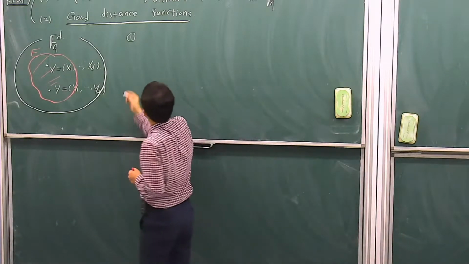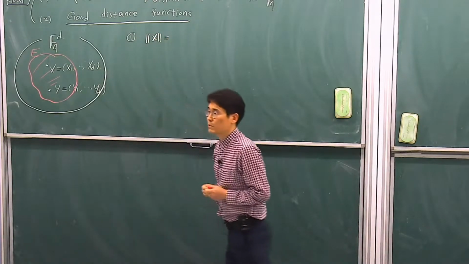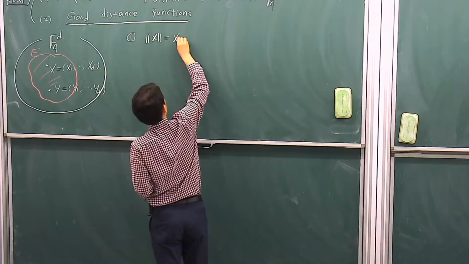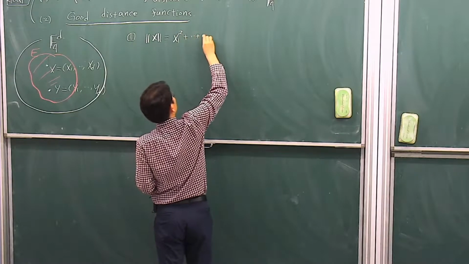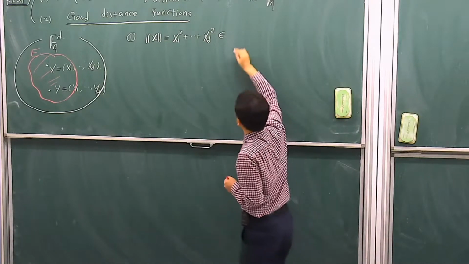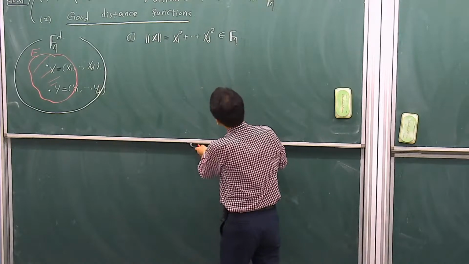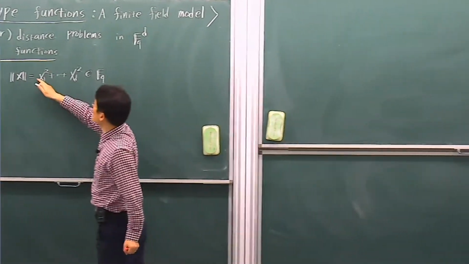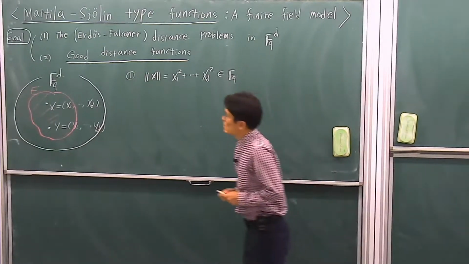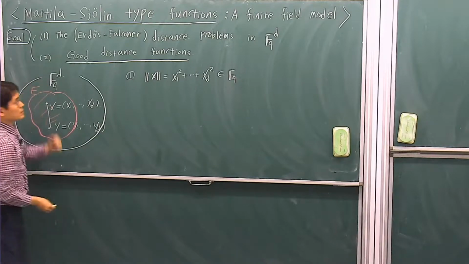Now we define a certain notation that looks like the norm of x: x1 squared plus up to xd squared. This number should be in F_q. Here there is no square root, that's good. Now we choose any two points in F_q^d and we want to get the distance. What is distance in this space?